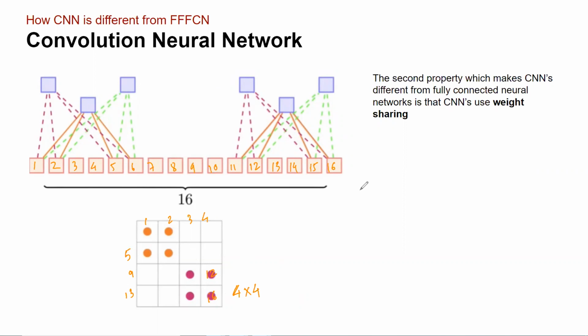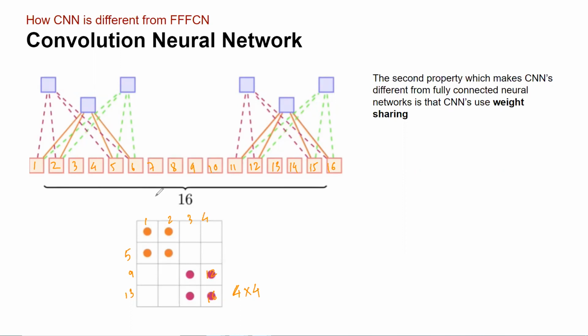Now, see here, the point is all of this 4x4 grid is operated by one kernel, and the kernel weights are fixed. So suppose these 4 pixel values are operated by one kernel.